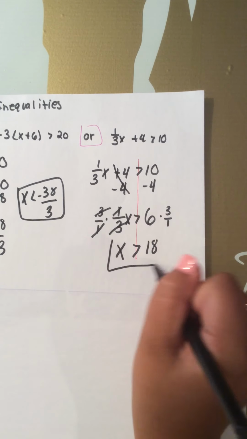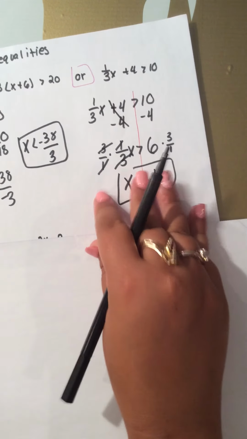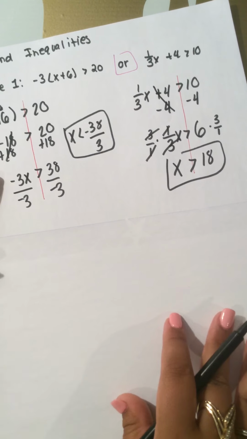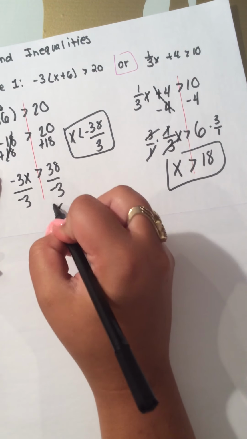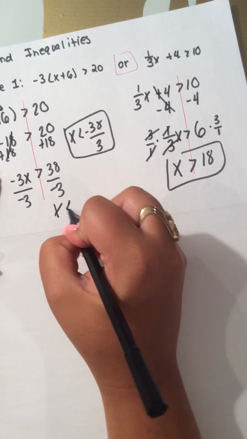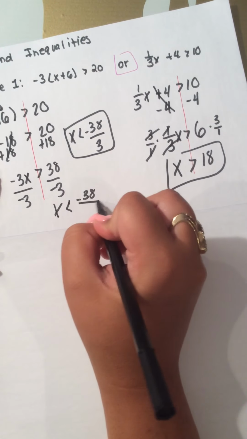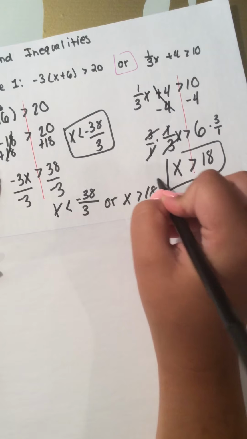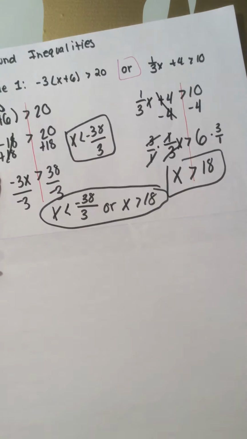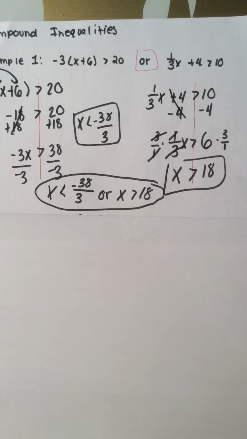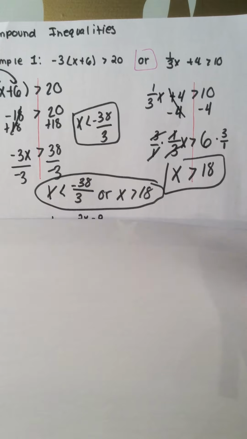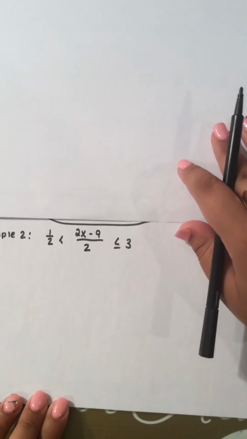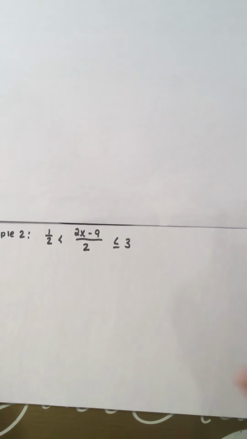Okay, so here's another answer. But I'm actually going to write it out. X is less than negative 38 over 3, or x is greater than 18. And that's my answer. And again, I have two different answers because I have two separate problems here because it's an or problem.